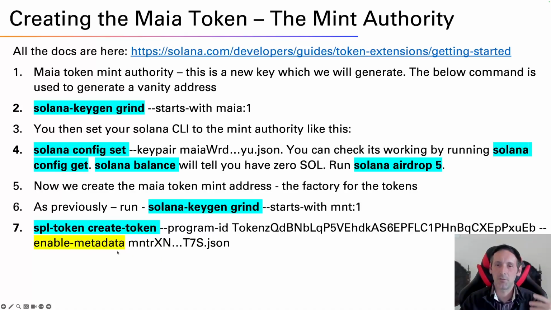There is a ton of other flags that you can pass into it. One of which is the decimals flag, which specifies how many decimals your token is going to have. If you do not set anything, the default is 9. I didn't specify anything here, so I'm going to have 9 decimals for the token that I've created.